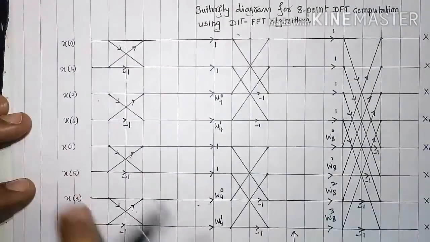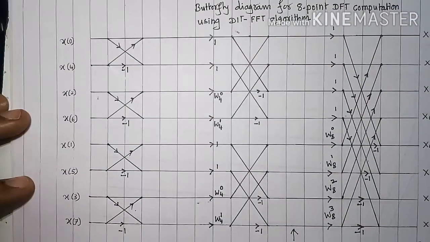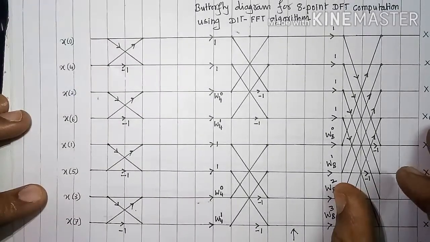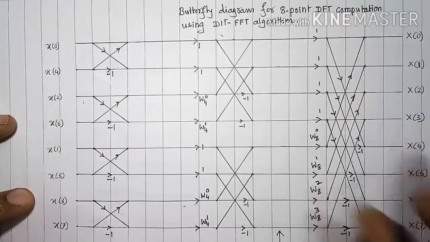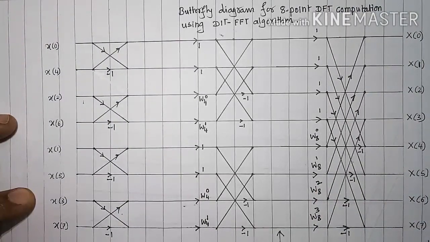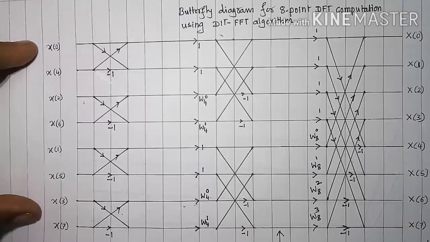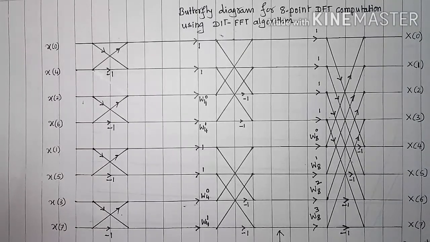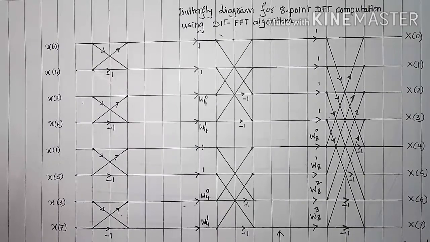This complete diagram is the butterfly diagram used for computation of 8-point DFTs using the DIT FFT algorithm, in which we are making use of bit order reversed decimated inputs.